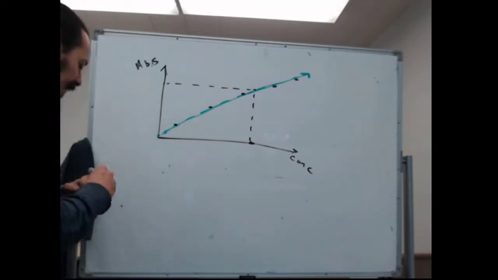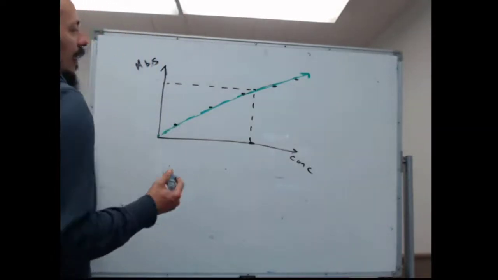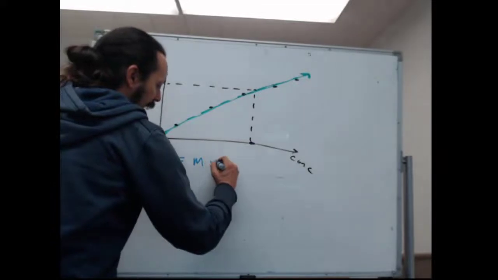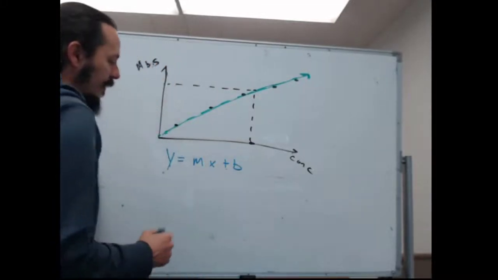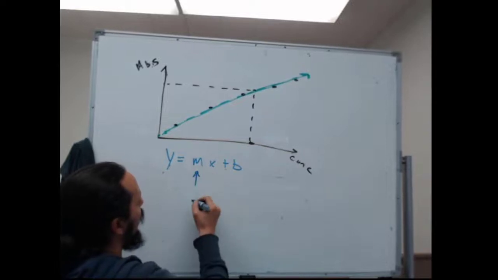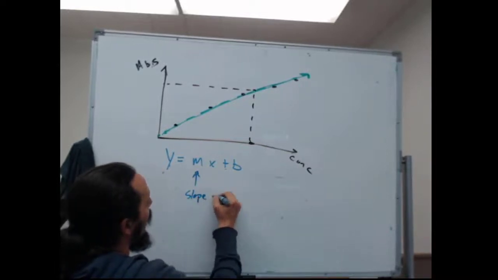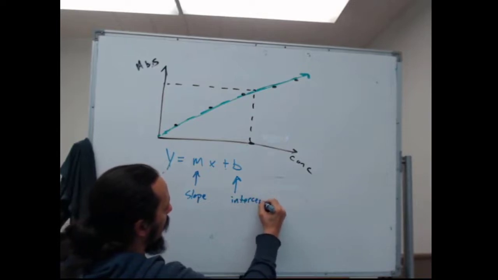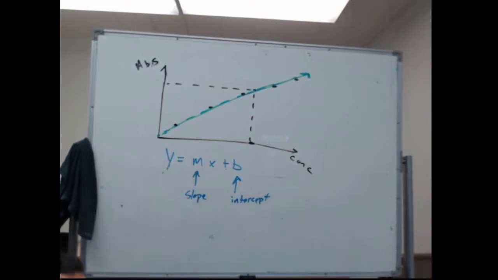When you make this plot, you should get a linear fit, and you're going to get an equation that's y equals mx plus b. When you do your plot, you've got some value for m, the slope, and some value for b, the intercept. Those two things you just get directly from doing the Excel plot.